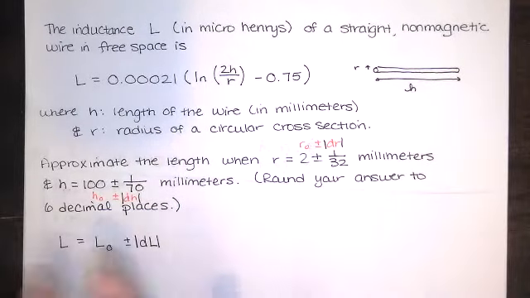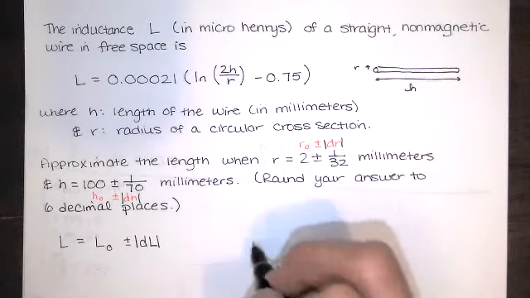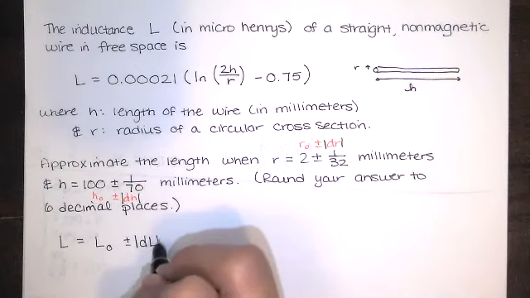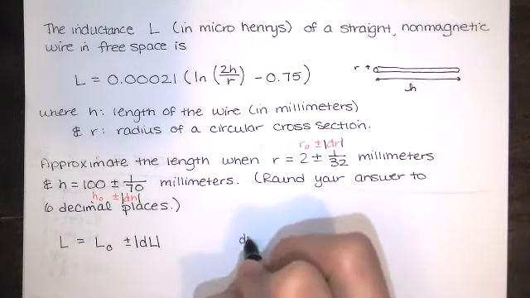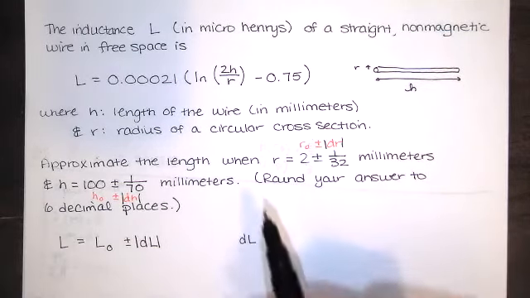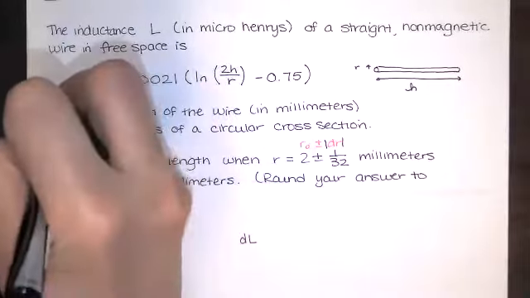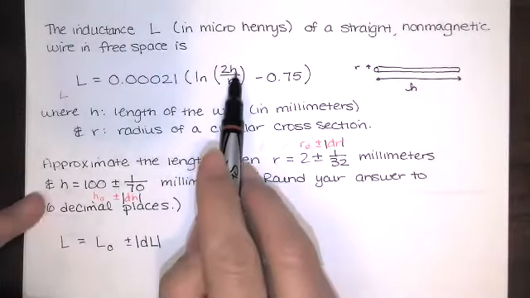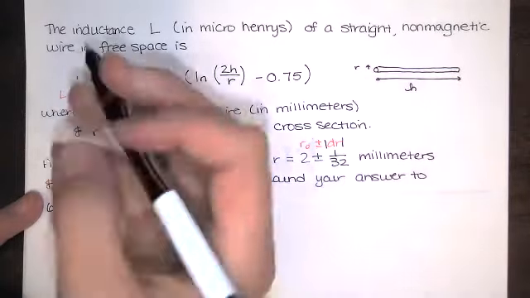Remember from our lecture over differentials that whenever we're talking about propagated error like this, the propagated error in calculating L can be found this way. If L depends on 2 variables, and it does, look at this equation. L is a function of both h, the length of the wire, and r, the radius of a cross-section.